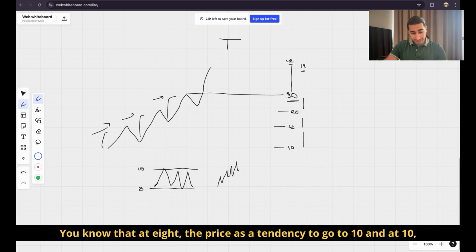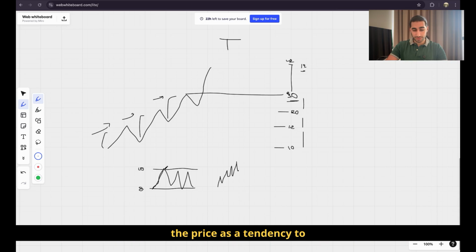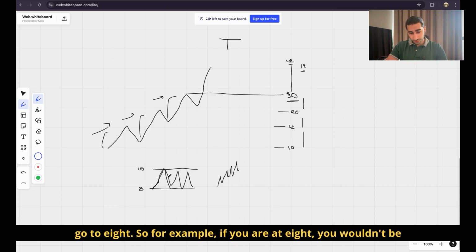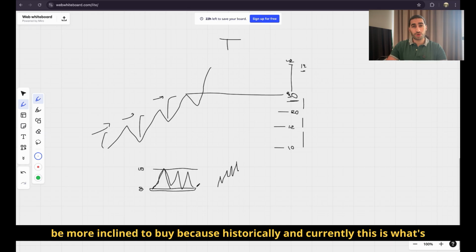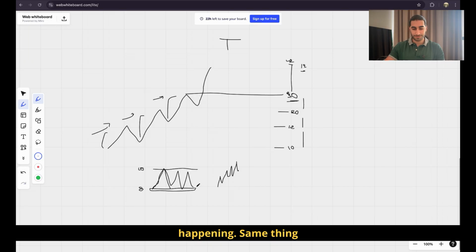You know that at 8 the price has a tendency to go to 10, and at 10 the price has a tendency to go to 8. So for example, if you are at 8, you wouldn't be thinking about selling, you would be more inclined to buy, because historically and currently this is what's happening.